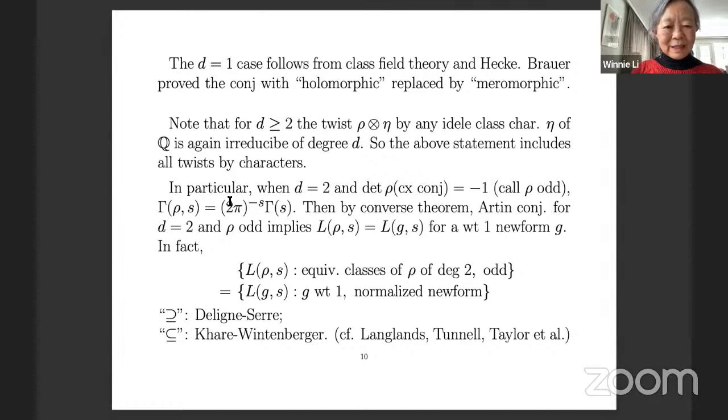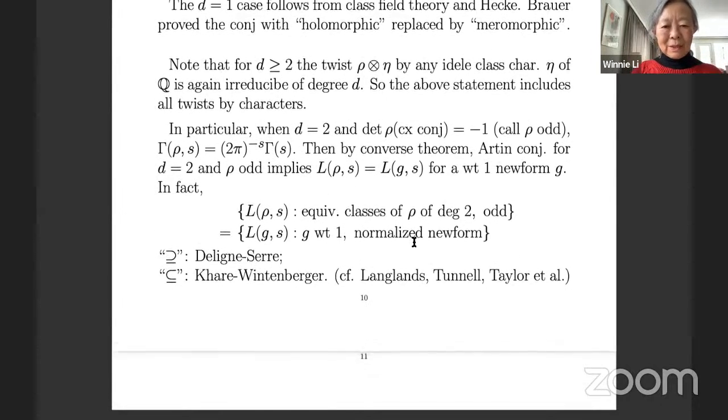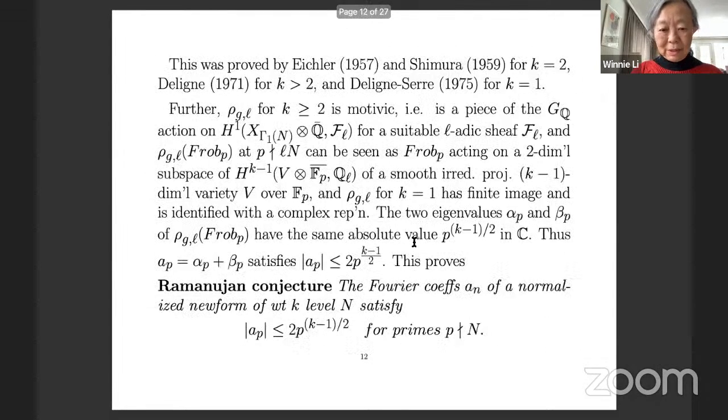In this case, the gamma factor is 2 pi to the minus S times gamma S. Then we can use the converse theorem to conclude that Artin's conjecture for odd degree 2 complex representations means that the L function associated to rho should equal the L function of a weight 1 newform g.